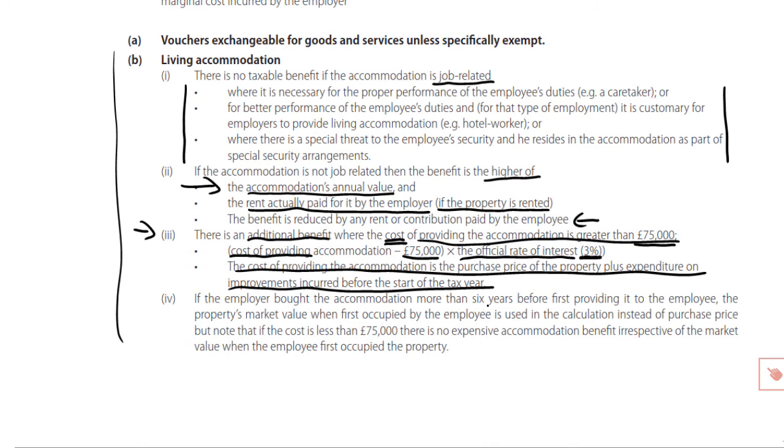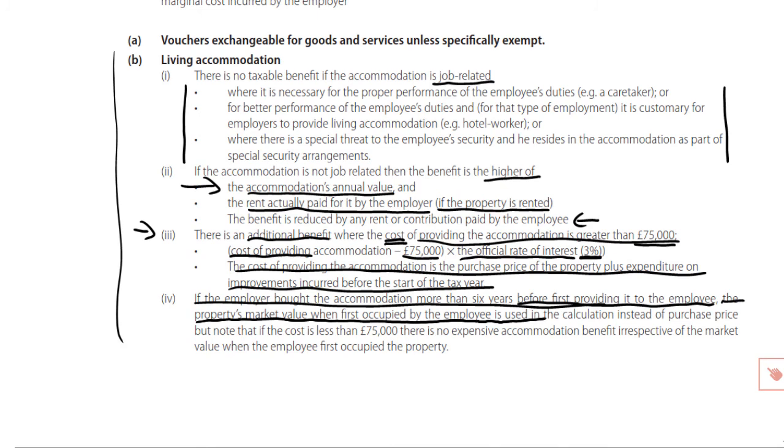We said there about the cost of providing the accommodation, but what may happen is if the employer bought the accommodation more than 6 years before first providing it to the employee, the property's market value when first occupied by the employee is used in the calculation instead of purchase price.